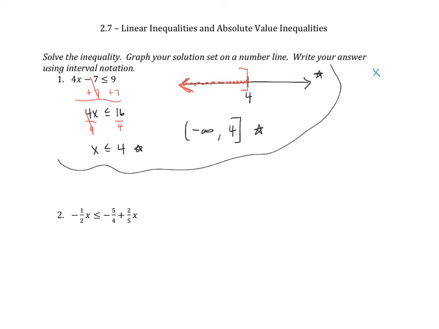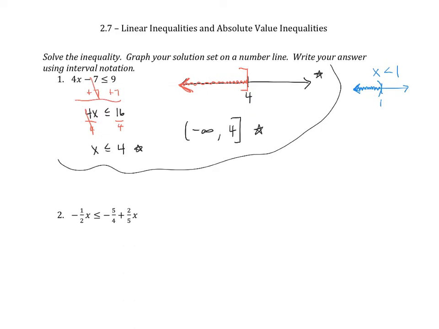Let's say I had x is less than 1. Here we would have had our graph and we would have put 1 as our boundary point. It's still less than, so it would go this way. But in this case, it would be a parentheses. The parentheses is what we use when there's not an equal to sign under the inequality. So that means the 1 is not included in our solution set.